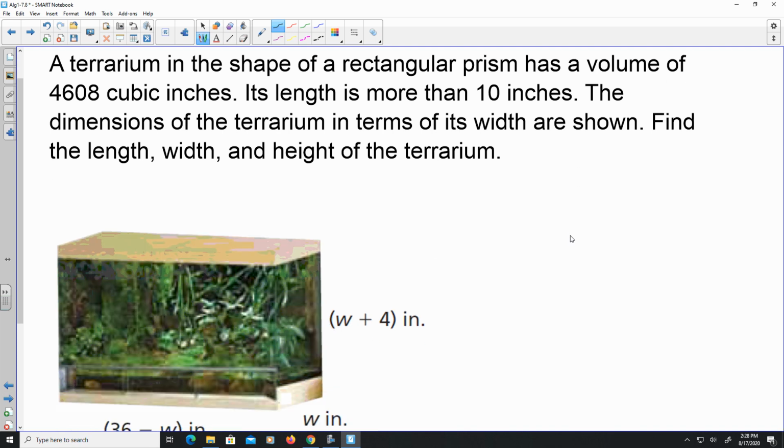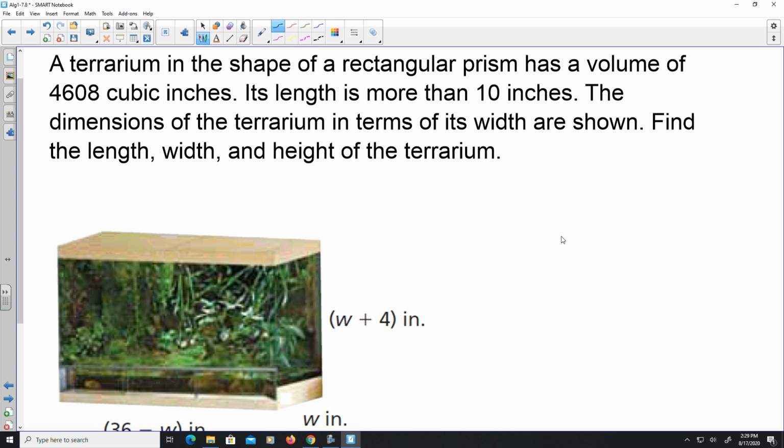All right, last problem. It states here that a terrarium is in the shape of a rectangular prism, has a volume of 4,608 cubic inches. Its length is more than 10 inches.